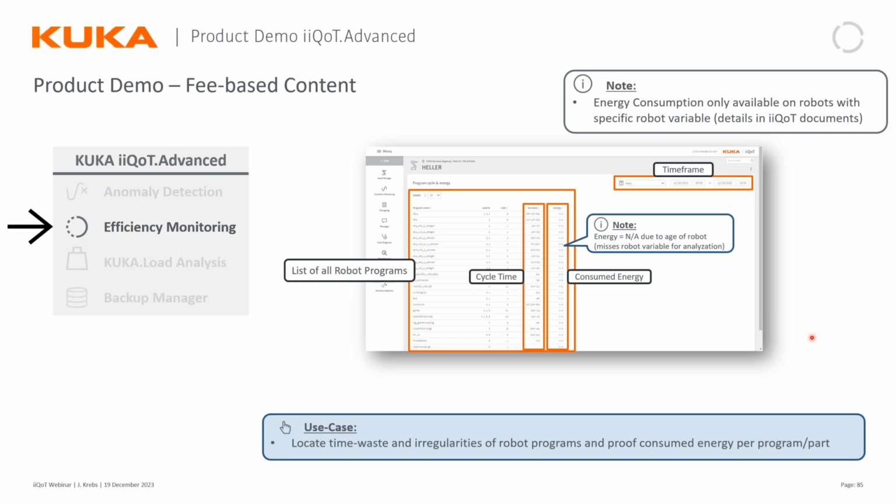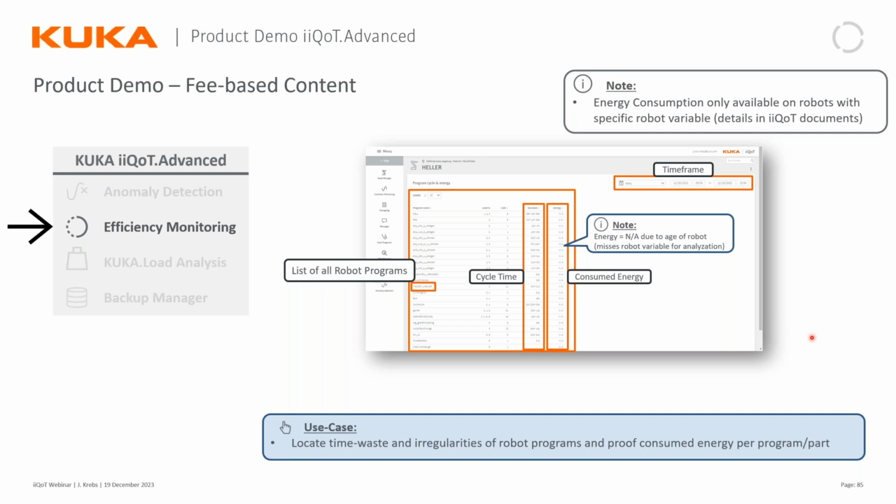Of course, every brand new robot has all the specs available. But I just want to be clear that there are some robots out there which do not have the specific robot variable to see the used energy.